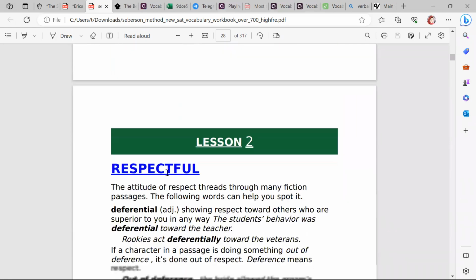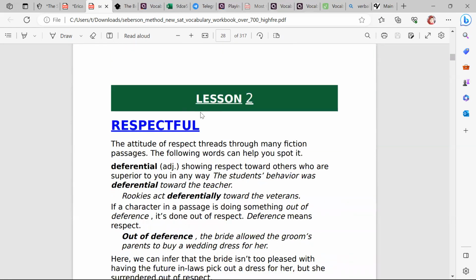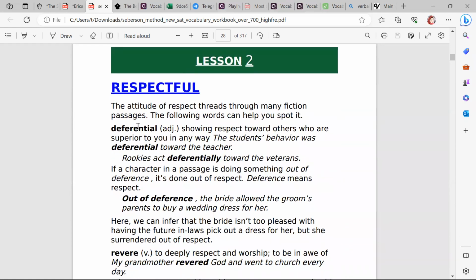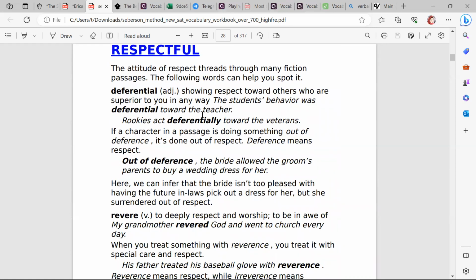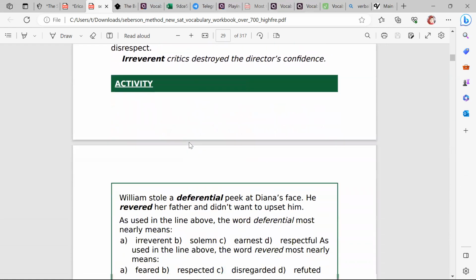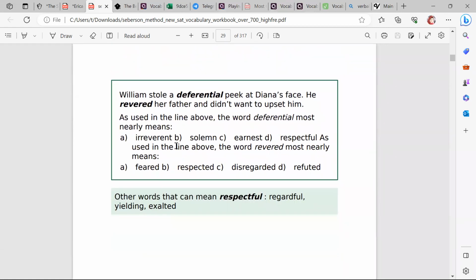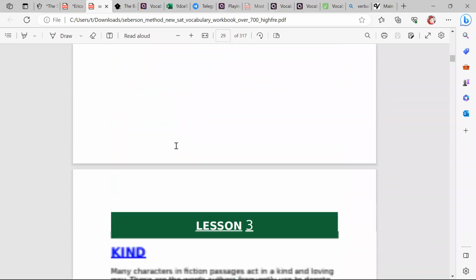The words are listed in lessons. Lesson 2 is entitled Respectful, and you will find the different synonyms of this word listed with their further meanings and contexts, and you will find the exercises as well, and so on.